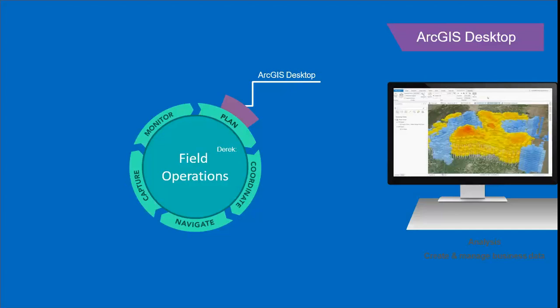Your ArcGIS Pro, your ArcMap, your ArcGIS Online to create your map products that you will be using in the field on your field applications. You also need in this phase to figure out where the work needs to be done and how many people you need to deploy for the task.